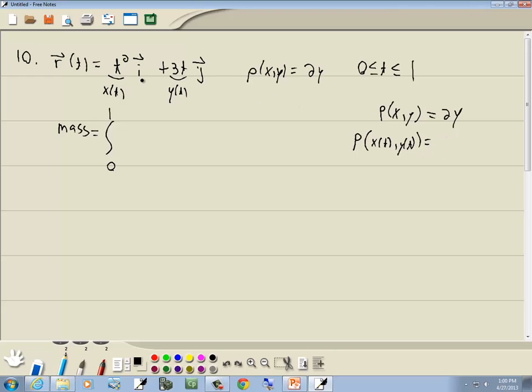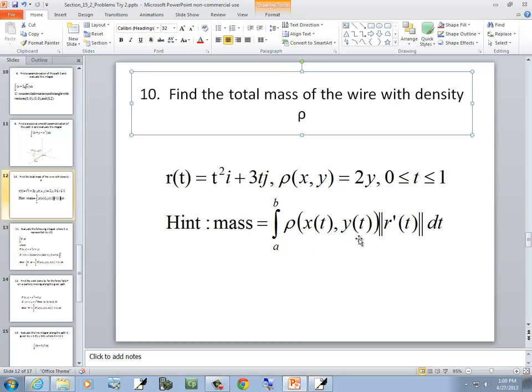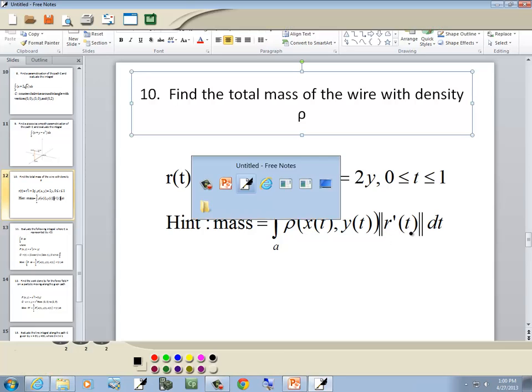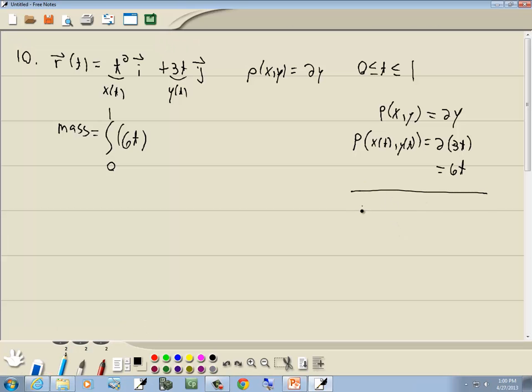Well, there is no x, so we can ignore that. But y of t is equal to 3t. So we're going to replace the y here with 3t, which gives us 6t. So put 6t here, that's our rho. That's the part right here. Now we need to find this. So we need r prime first. Well, r prime, the derivative of that, would give us 2t i plus 3j.